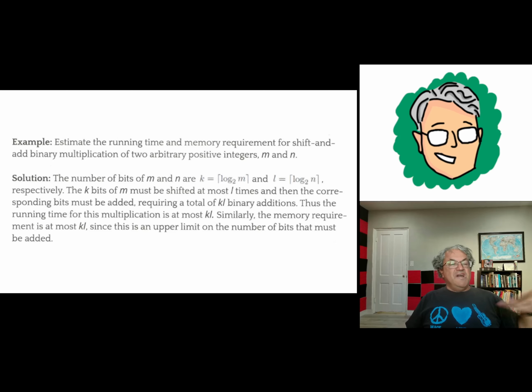Remember, you're writing down all the columns, and then you're adding all the columns. Well, actually, when you're writing down all the columns, that has to be in memory. So yeah, I guess both memory and running time are k times l in this case, or if they're both the same size, k squared. So for both running time and memory, the complexity is k squared.